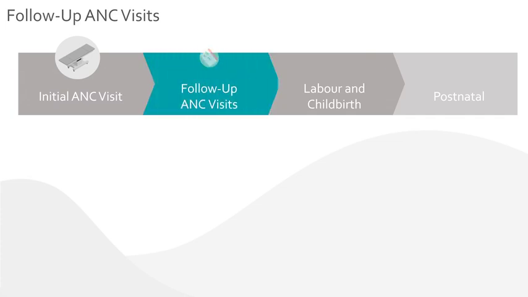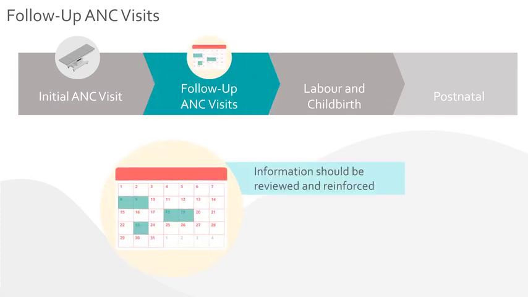At subsequent ANC visits, information about STI risk and prevention should be reviewed and reinforced. Even if all screening tests at first ANC visit are negative, a woman can acquire an infection at any time if she or her partner have other sexual partners.